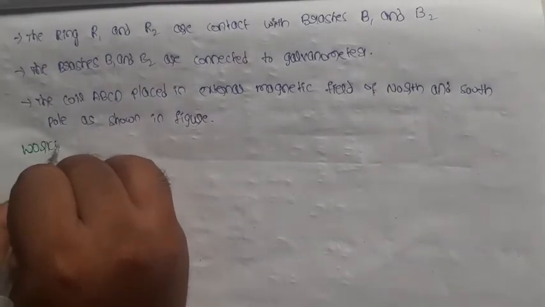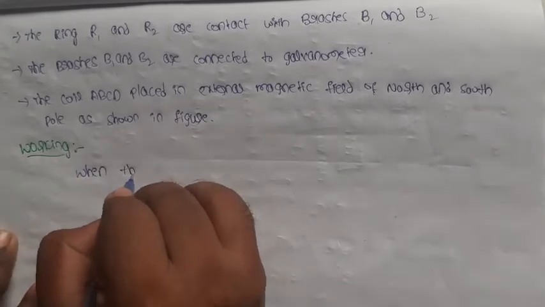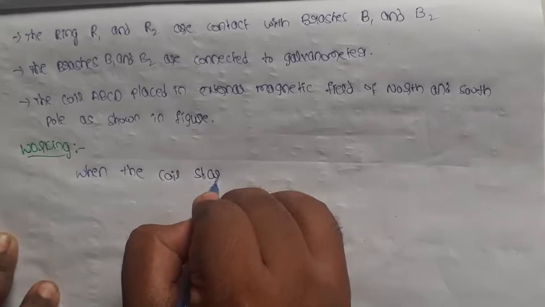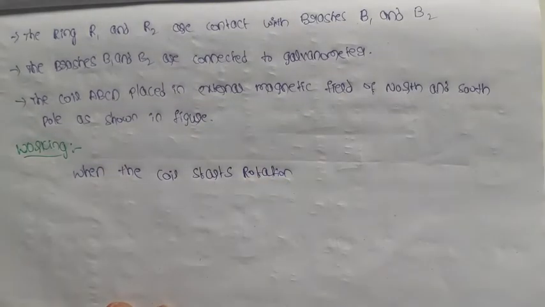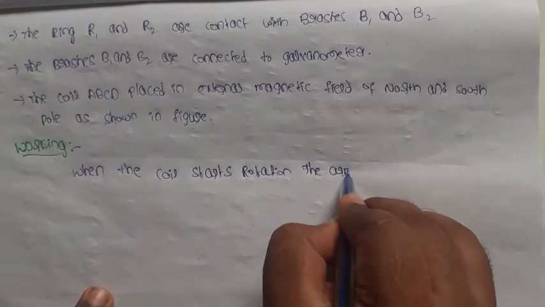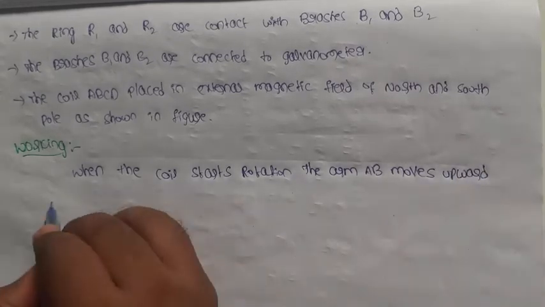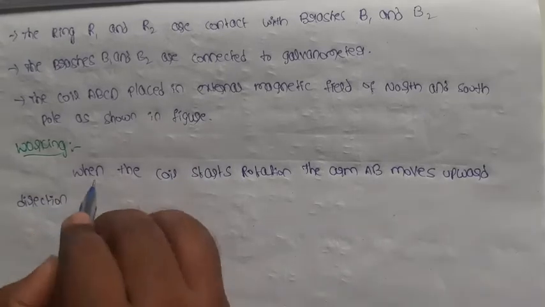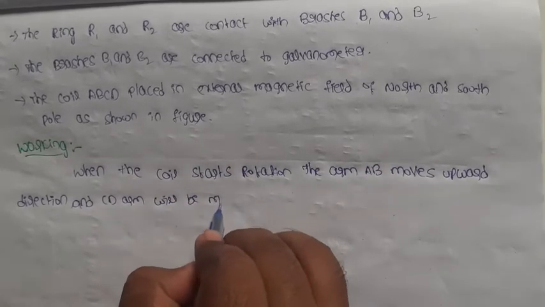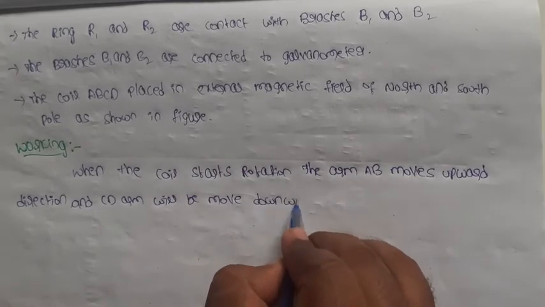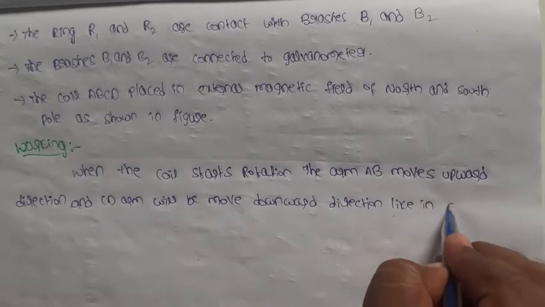Working. When the coil starts rotating, arm AB moves in the upward direction and arm CD moves in the downward direction, like in a clockwise direction.